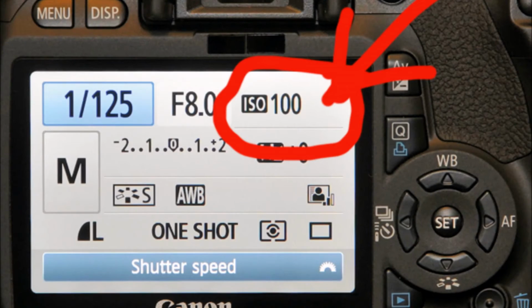The third and the last thing I want to talk about is your ISO setting. Now, ISO is something I don't play much with because I usually shoot with natural light, and I usually shoot at the same time when the light is about the same.